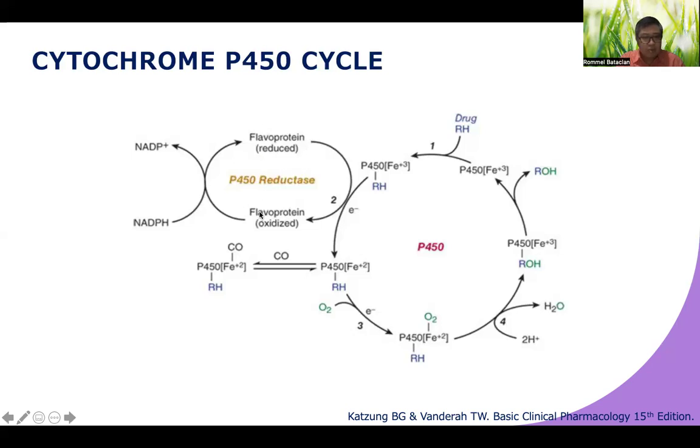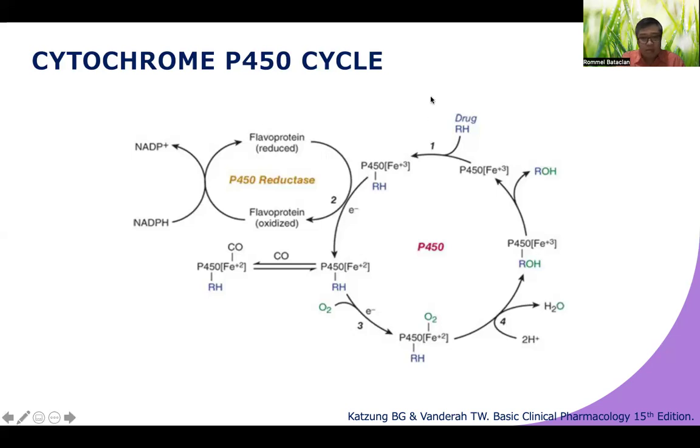The flavoprotein gets the electron from the hydrogen ion from the NADPH to go into its reduced form. And now that reduced flavoprotein directly interacts with the second enzyme system, which is the P450. What happens here is that the oxidized iron P450 combines with the drug substrate.